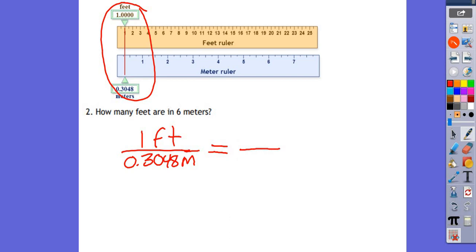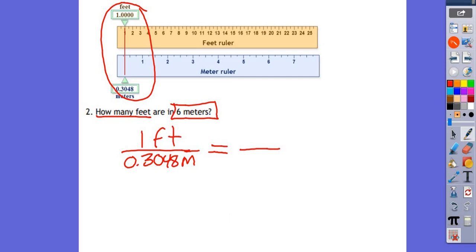Now I'm going to look at what I want to know. I want to know how many feet are in 6 meters. So I have a piece of information. Where am I plugging 6 meters in?